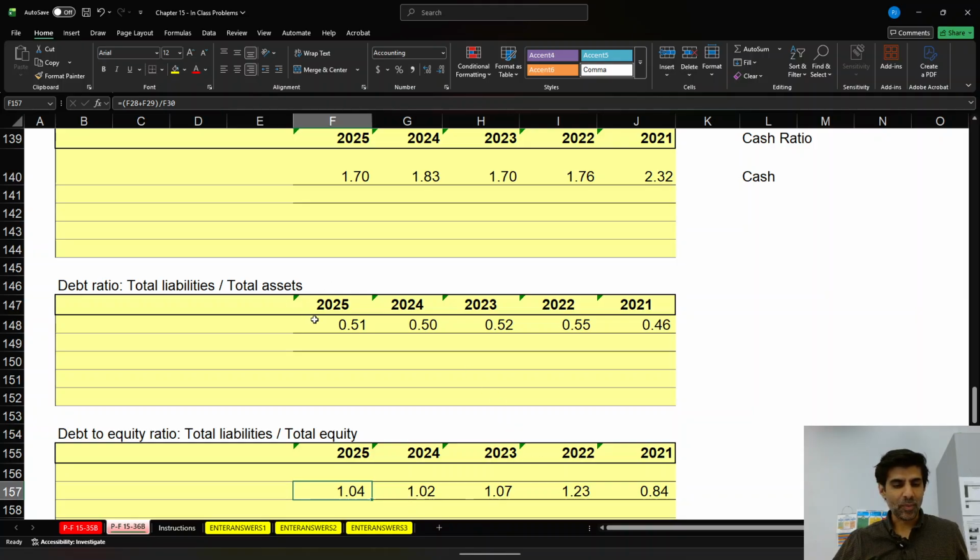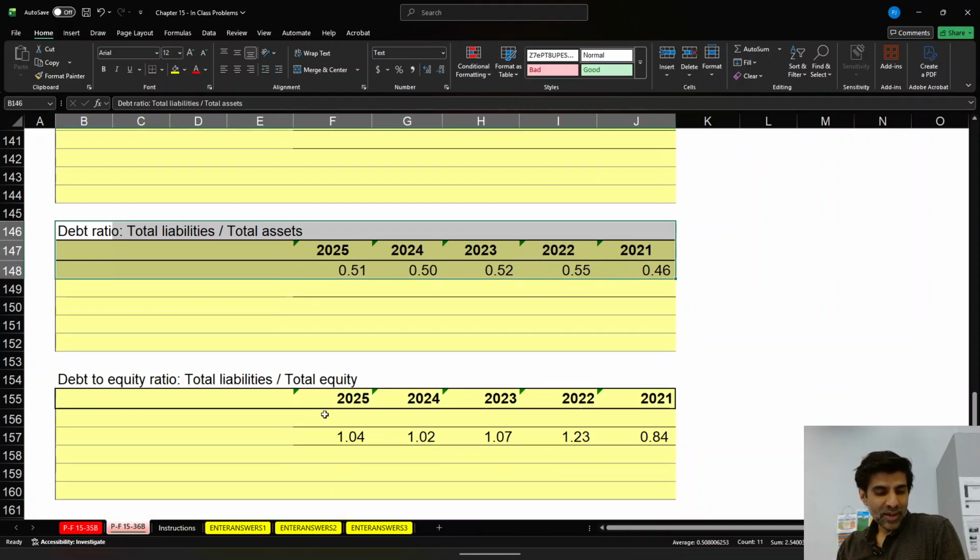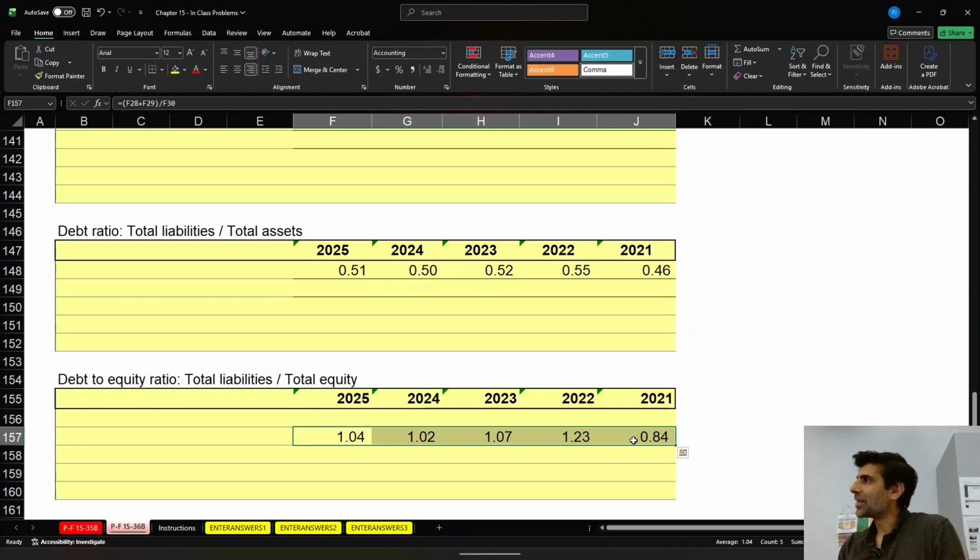The debt ratio for me is more intuitive. It's just showing as a percentage what percent of the assets are financed with borrowing. With this one, a 2.0 means two liabilities for every one equity, and it's just less interpretable for me, but you may like it, whatever you like better.